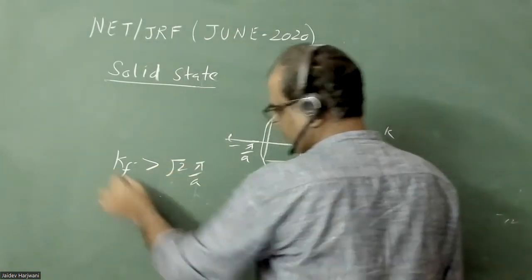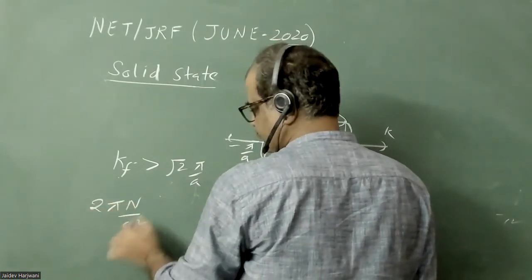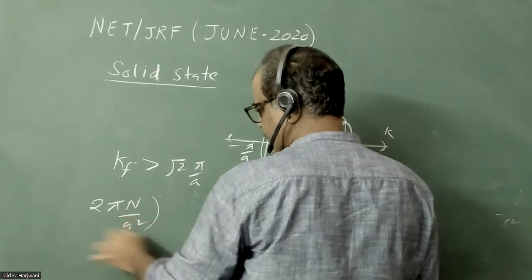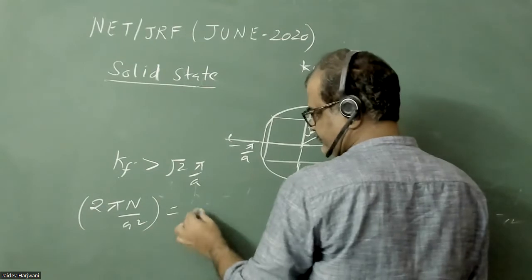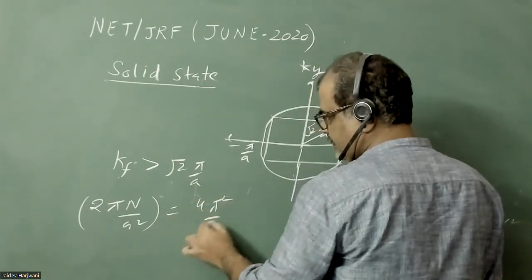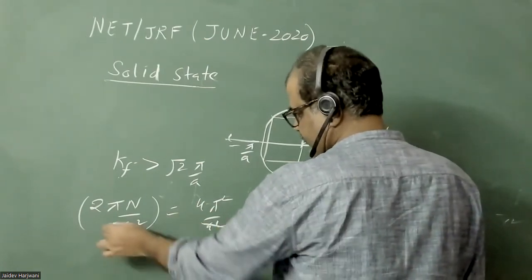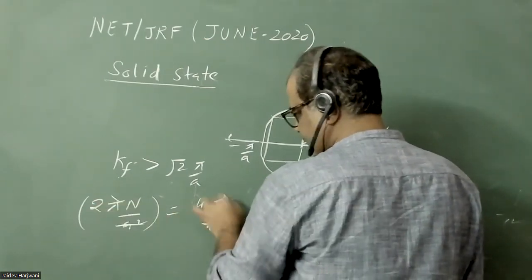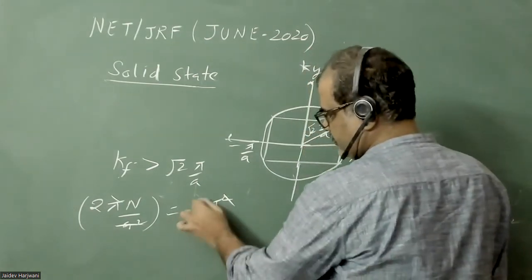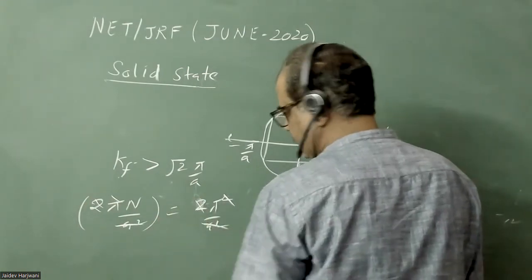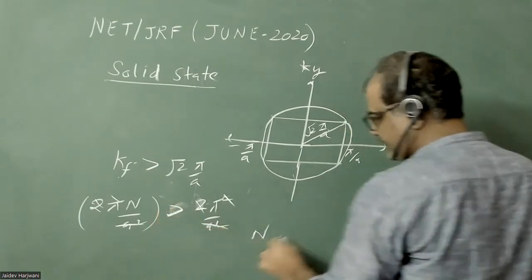And kf, as we have just seen, is under root 2 pi n upon a squared. If I square this, it becomes 4 pi squared over a squared. Calculating the value of n, a squared cancels, pi cancels, the 2 cancels, and n should be greater than pi.